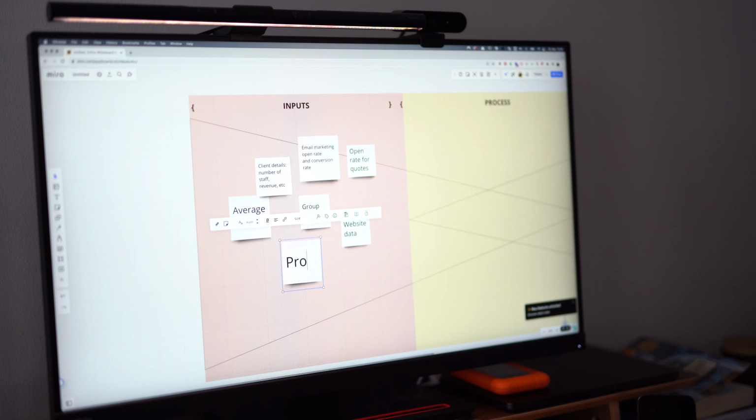So in the input stage, what we're really looking to do is to prioritize the different data points that we get in. So when you are workshopping the input stage, what you want to do is create just a list of all of the different inputs that you want into your CRM system.